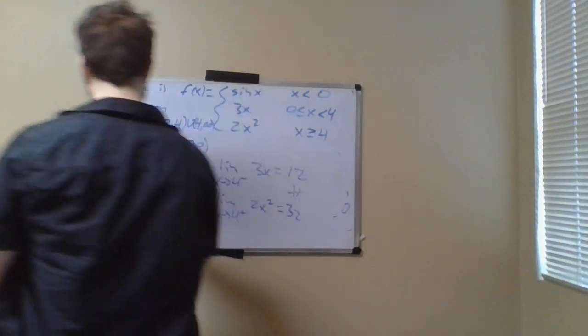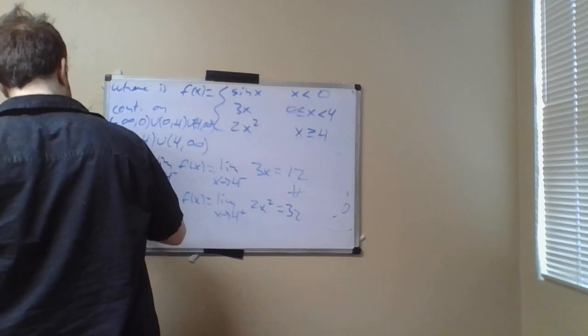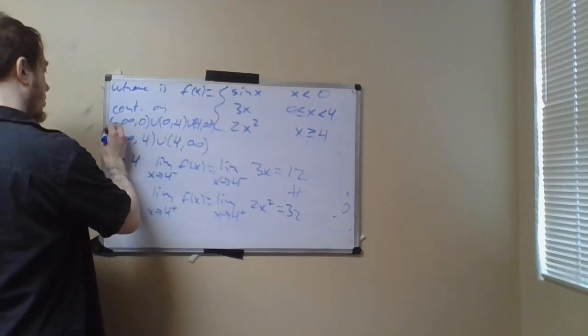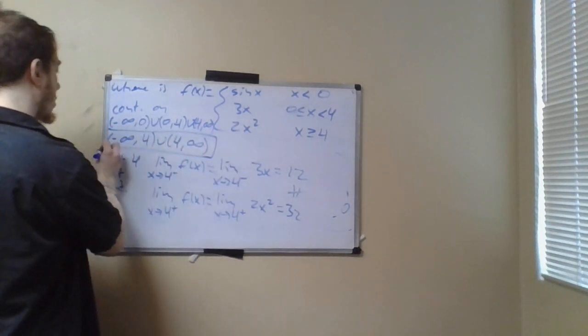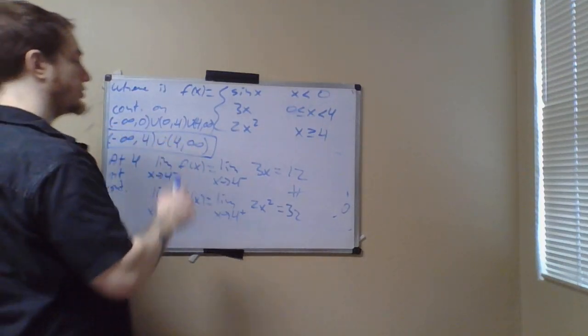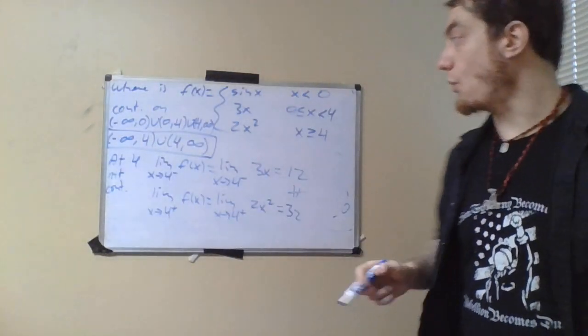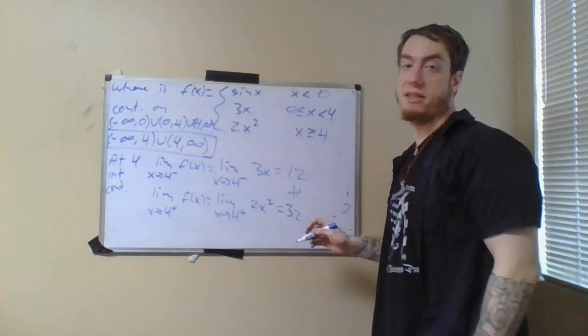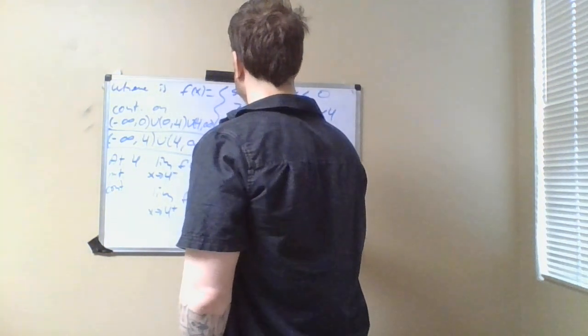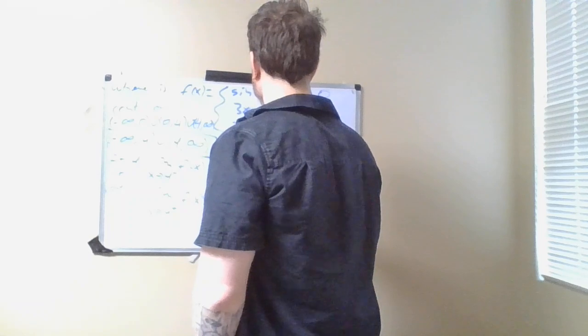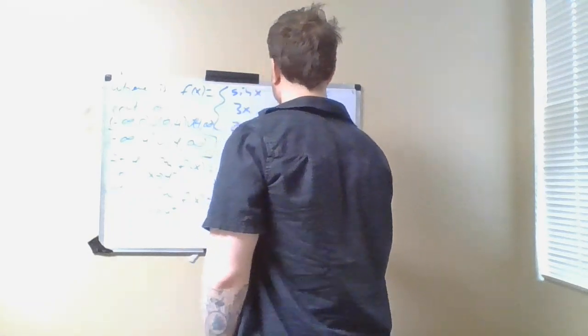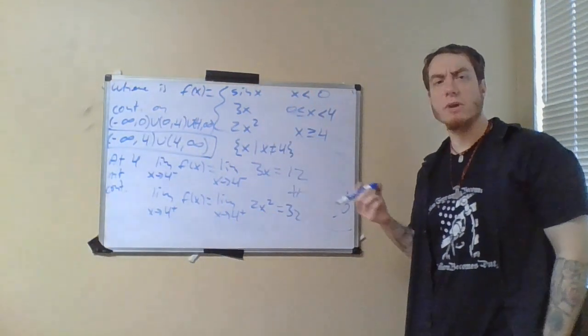That means that we are not continuous at 4, so the set on which we are continuous is just all real numbers except 4. In interval notation, I can write that this way, but if I wanted to, I could also write all x such that x is not equal to 4. And there we go.